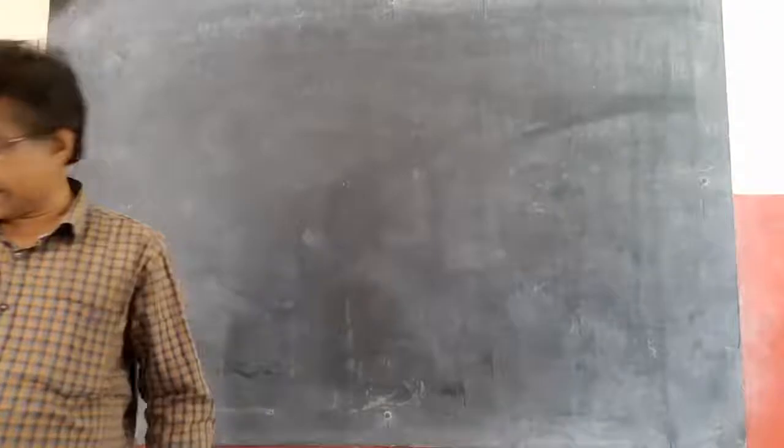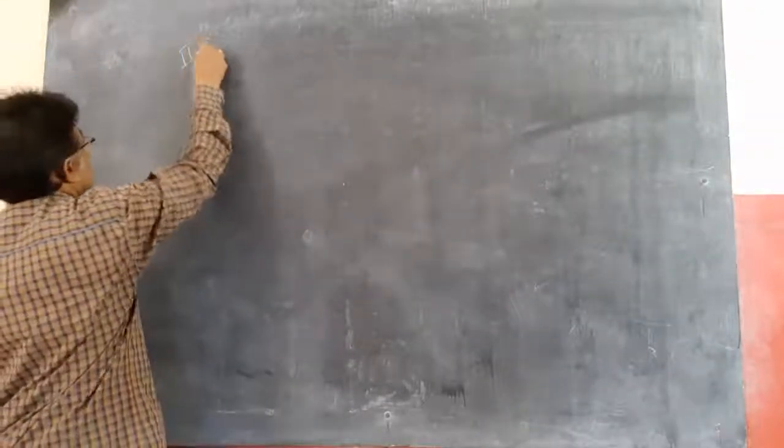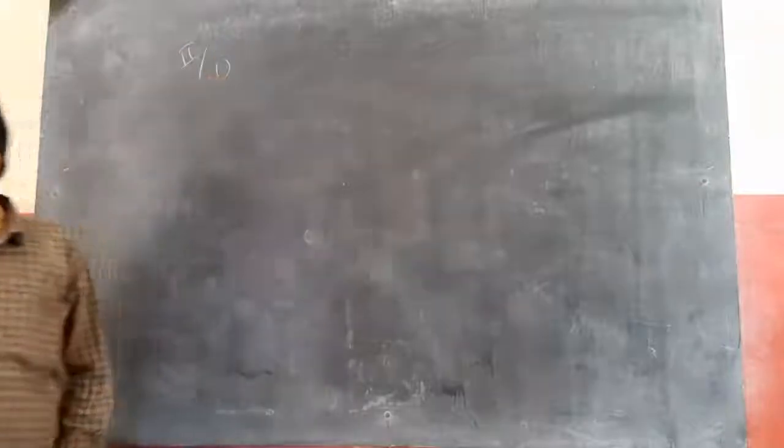Next, coming to second Roman first sum. The range of a random variable x is 0, 1, 2.